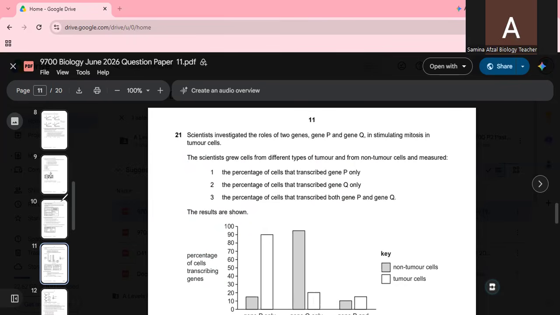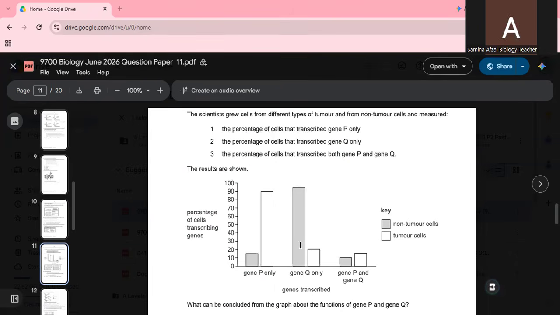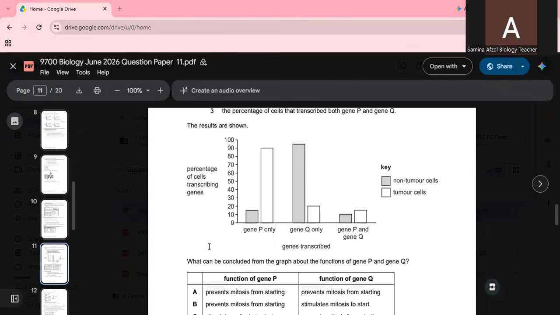The scientists grew cells from different types of tumors and from non-tumor cells and measured the percentage of the cells that transcribed gene P only, gene Q only, and both P and Q. In the bar graph, the gene transcription is on the x-axis and the percentage of cells transcribing genes is on the y-axis.